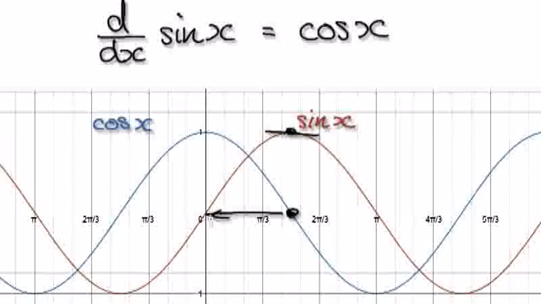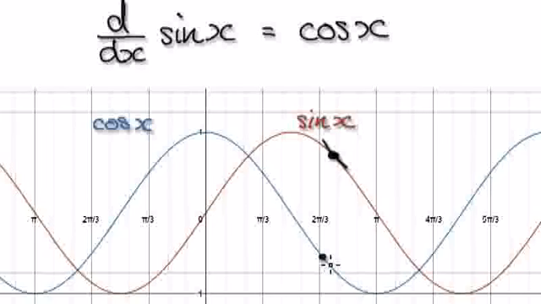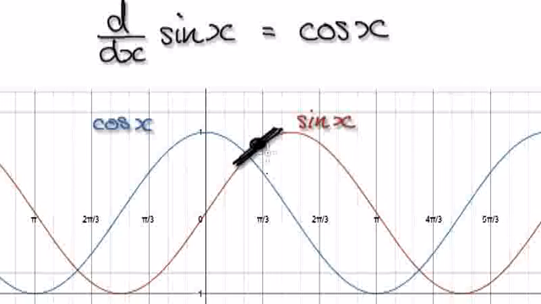Looking at this bit here, you can see the gradient is negative, and it's a low negative. Looking at this point here, you can see the gradient is positive, and looking at this point here, you can see the gradient is positive.